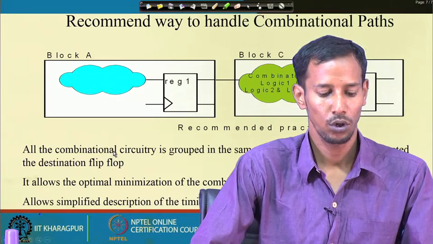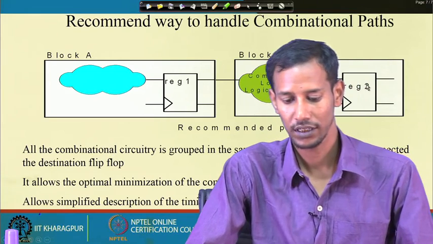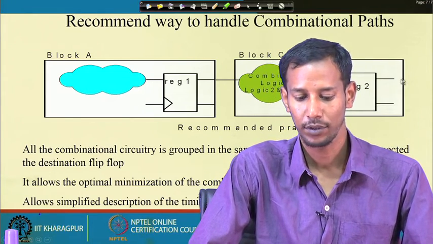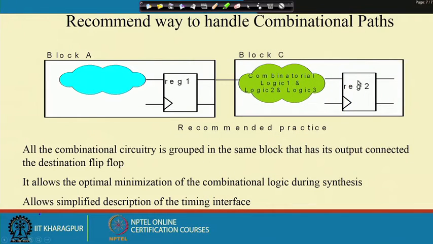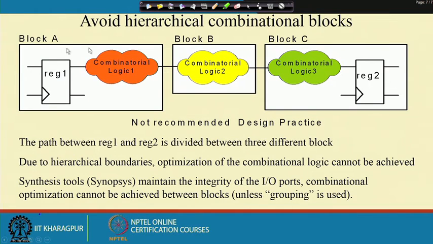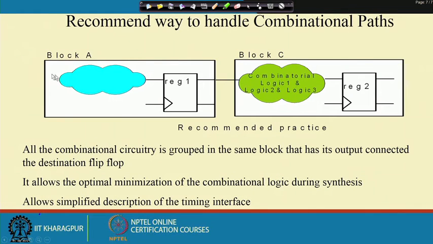And how to handle the combinational path. If you see another logic, the two registers have logic 1, logic 2, logic 3 combined into one system. Here this is block A, this is block B and then block C. Instead of that, you put it as a single block.